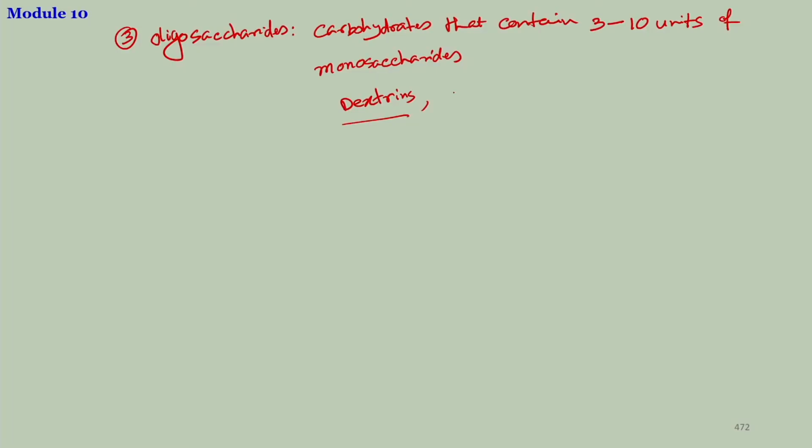Another one is the raffinose series of molecules. They contain multiple, fewer than 10, monosaccharide units attached via glycosidic bonds together. That is called the oligosaccharides.